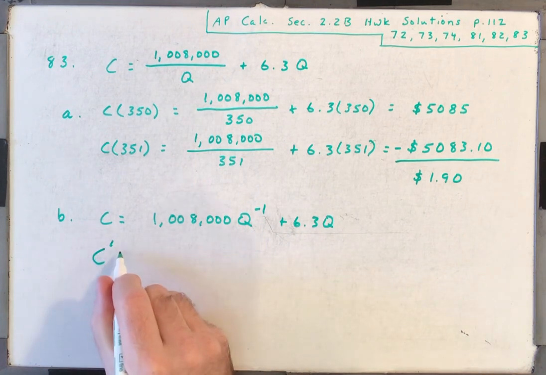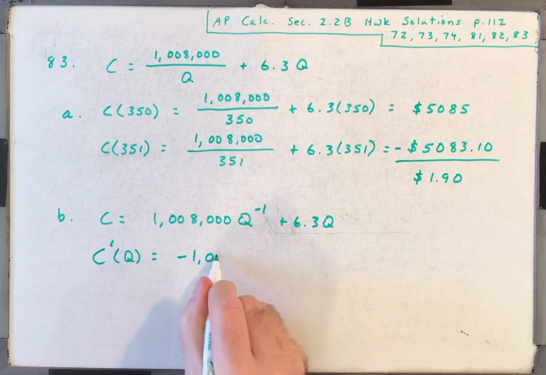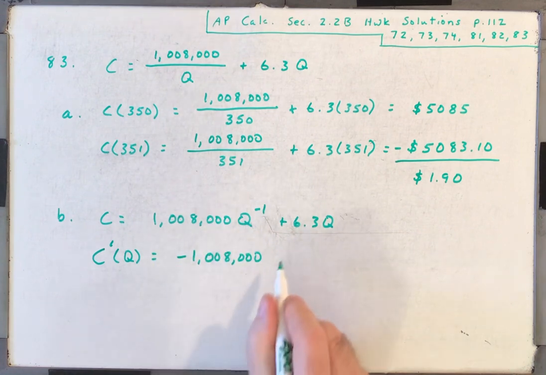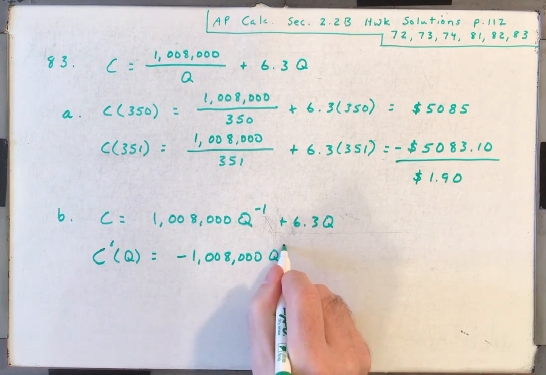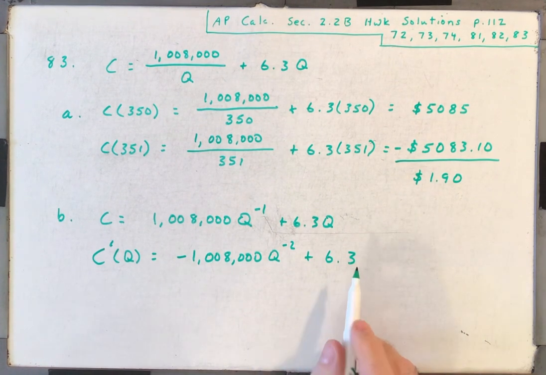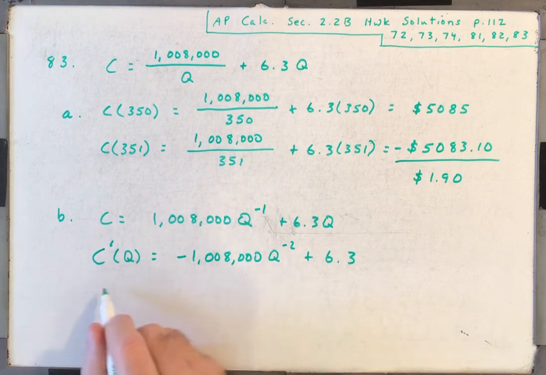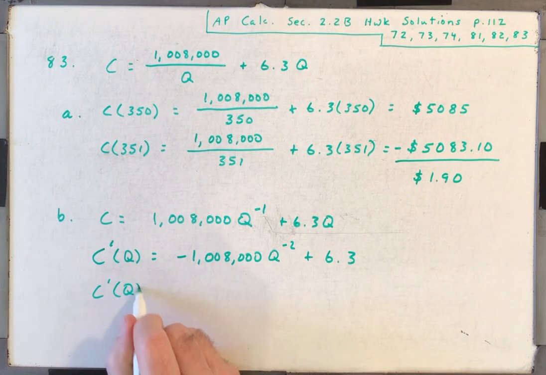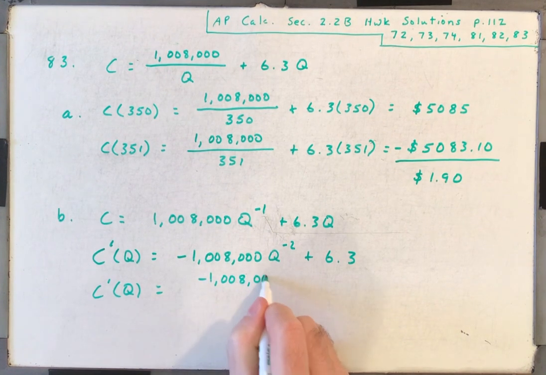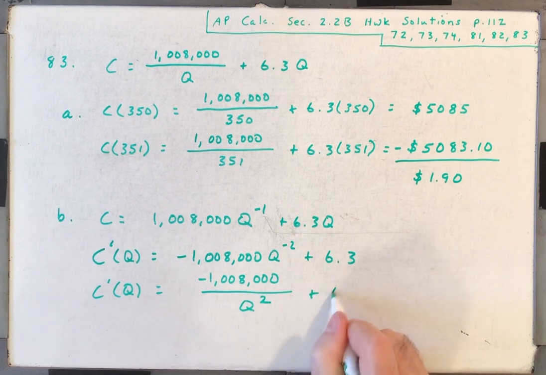So c prime of q would be negative 1,008,000, so bring that negative 1 out front, times q to the minus 2 plus 6.3. Derivative of 6.3q is just 6.3. So c prime of q is negative 1,008,000 over q squared plus 6.3.